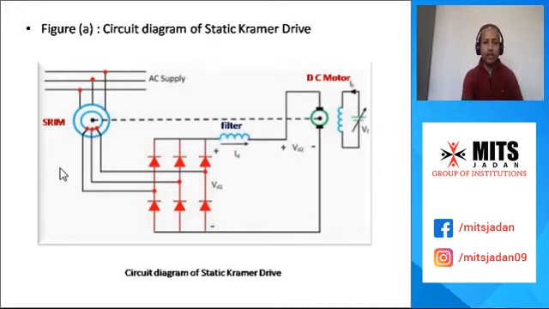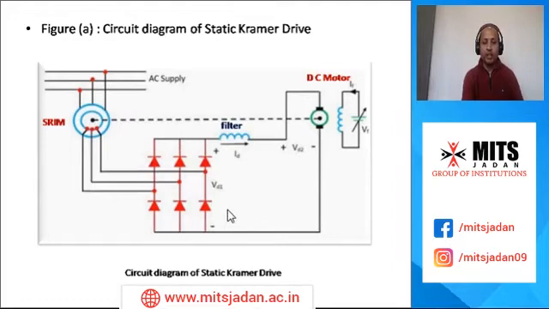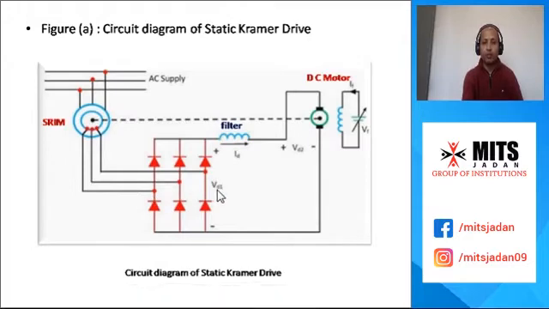Now we can see here that the slip power is fed to this diode bridge rectifier circuit. This rectifier circuit converts the AC power into DC power, and with the help of this filter circuit, ripples in the converted DC power are removed, and this DC power is fed to the armature circuit of the DC motor.